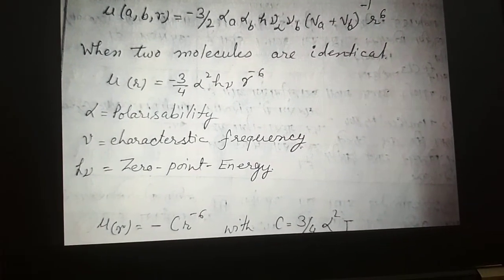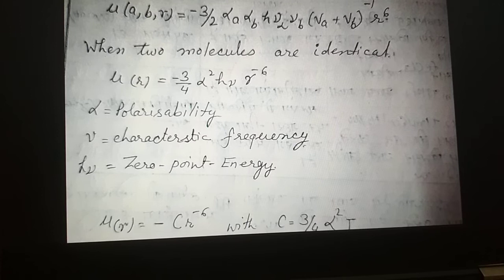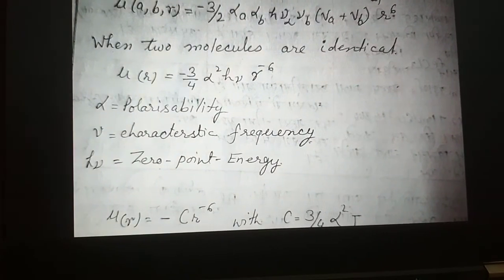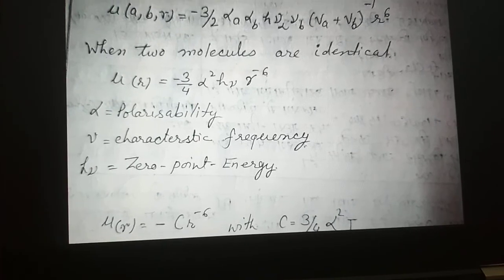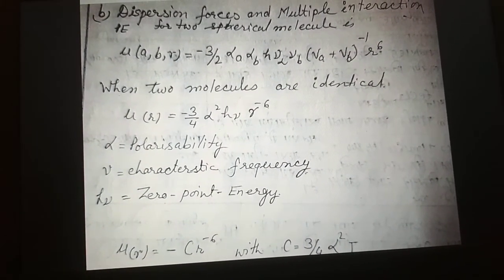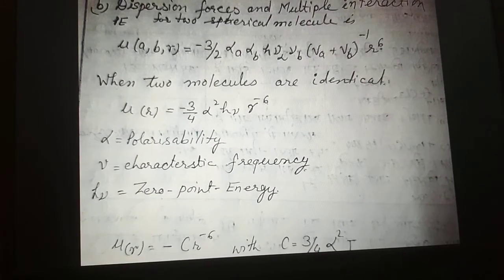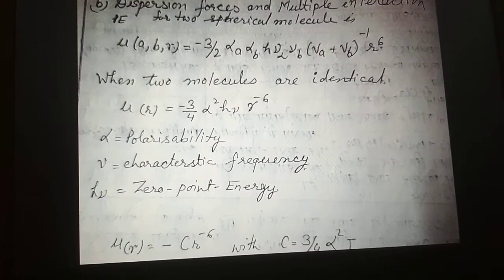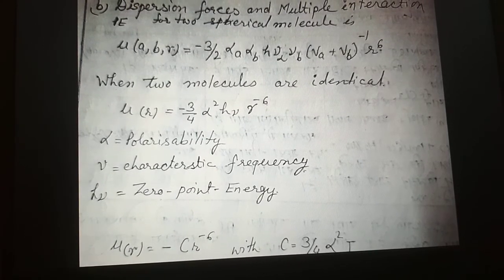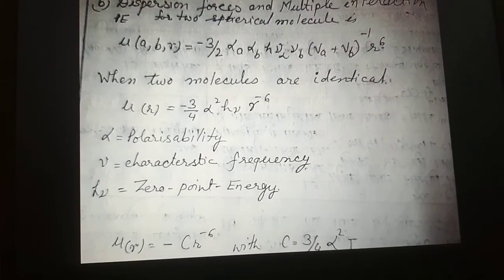The potential energy for the interaction of two spherical molecules is u_ab(r) equal to minus 3 by 2 alpha_a alpha_b h nu_a nu_b divided by (nu_a plus nu_b), times r raised to minus 6.